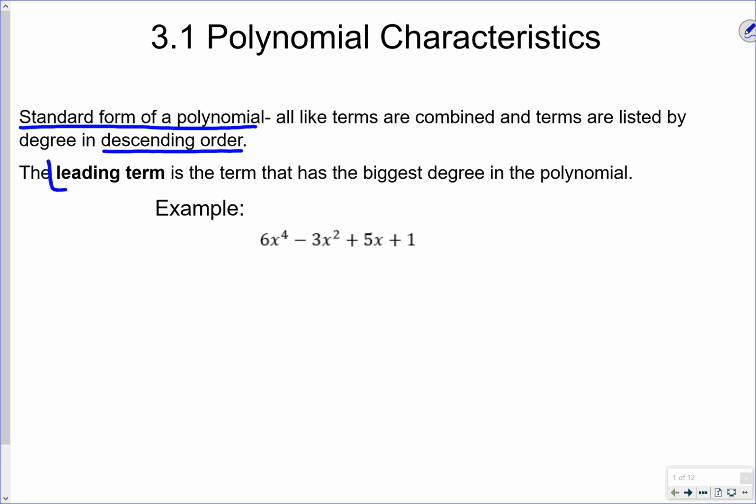The leading term is the term that has the biggest degree in the polynomial. So the degree, again, is that little number in the corner, the exponent. Whichever one is the biggest, that one goes first, and that is your leading term. So in this example, my x to the fourth would be my leading term.